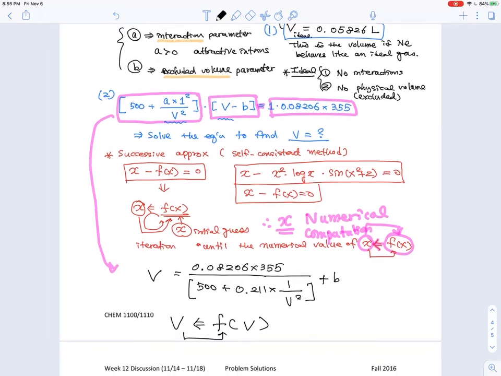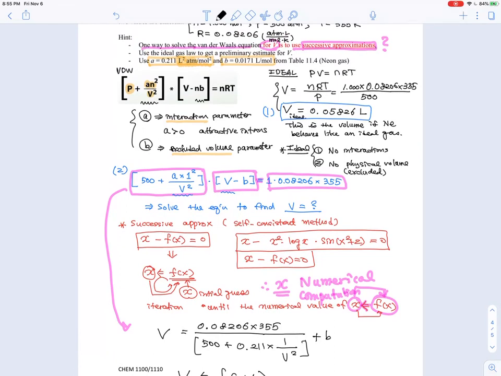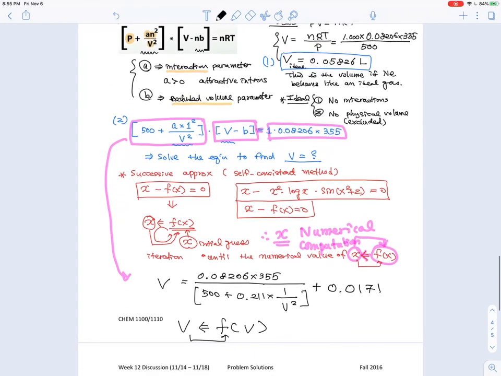So the value of the B is 0.0171, and that's a liter per mole, right? So liter per mole, and it was multiplied by 1, so this whole term is just a liter.